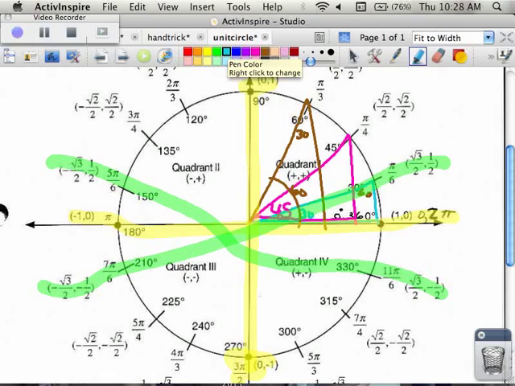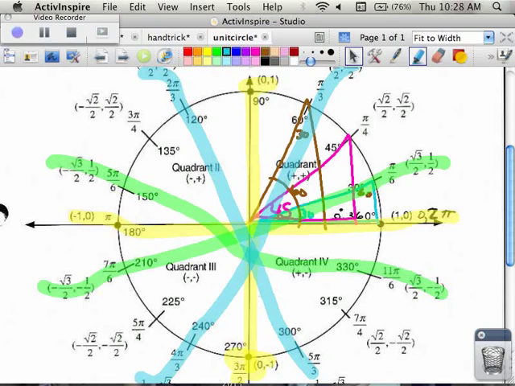Look at the ones that are closest to the y-axis. How many degrees are they away from the y-axis? 30. And how many are they away from the x? 60. So it's either 30 or 60, whichever way you want to remember it. But those are all 30 off of the y.